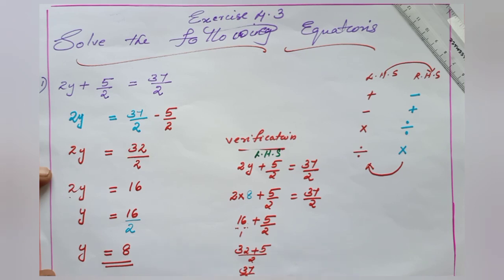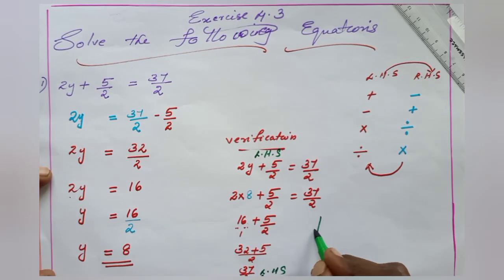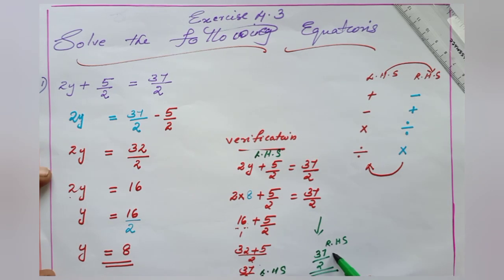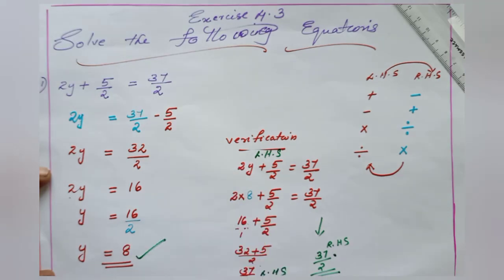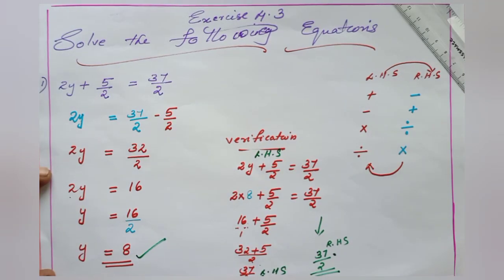This is the left side answer, 37 by 2. See, the right side, the RHS portion, is also 37 by 2. So the left side and the right side answers are the same. That means our solution y equal to 8 is the correct solution of this equation.